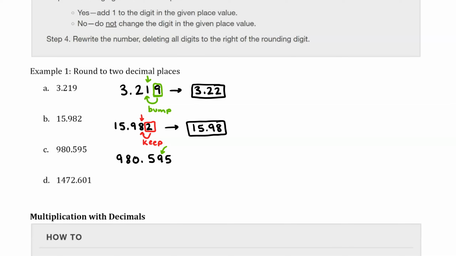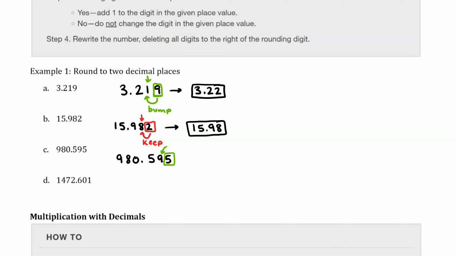So think of this as 59. If I bump that up, it would bump up to 60. So my answer would either be 980.59 or 980.60. So just like an odometer, when you bump up from 9, it will also bump up the number to the left. But we need to decide which way to go here.